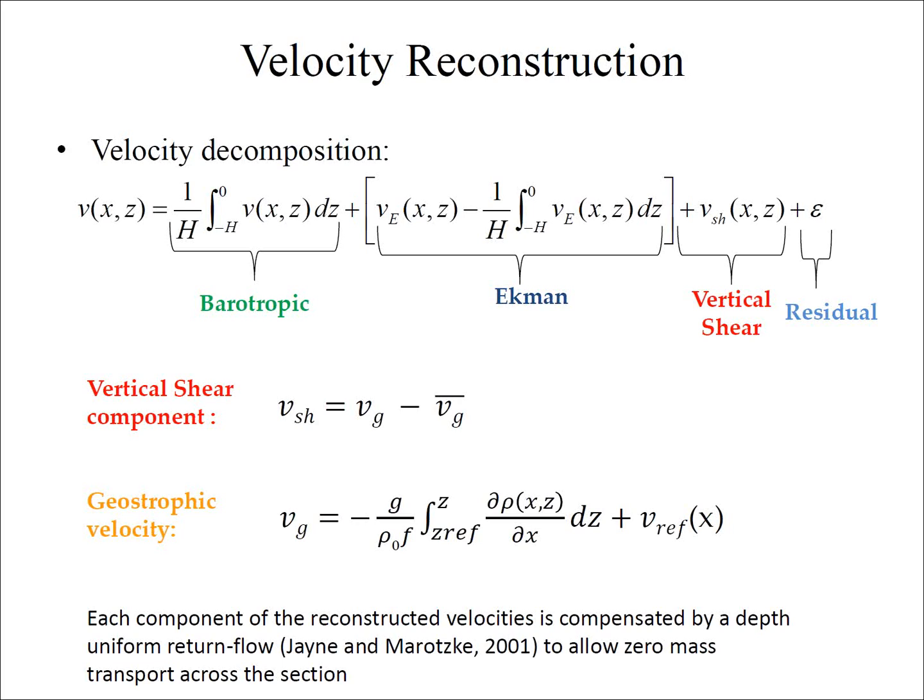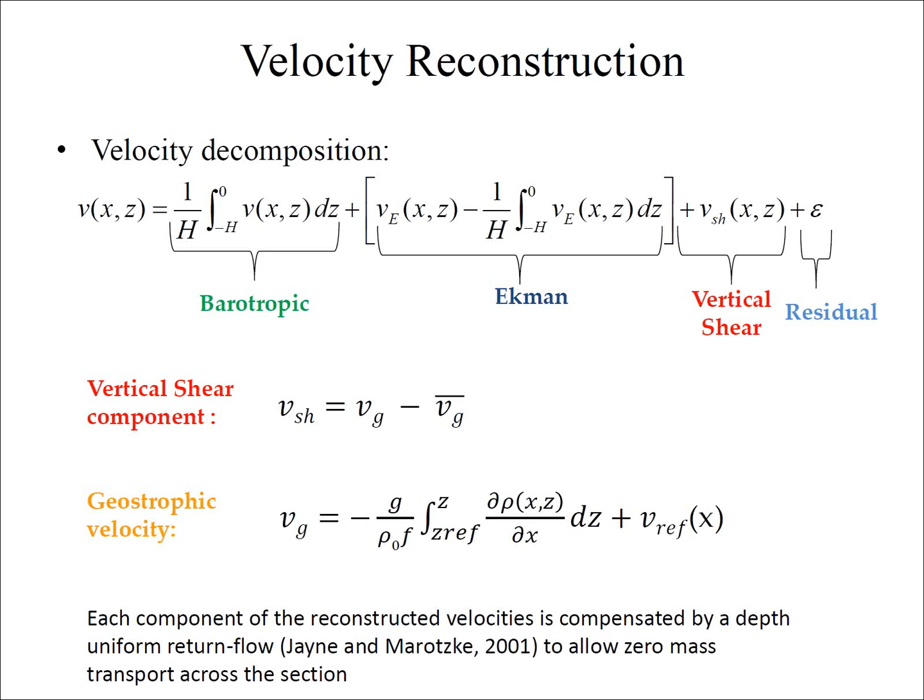One is the barotropic, related to the depth-averaged velocities. The Ekman part is calculated directly from the zonal wind stress, plus a component to estimate the return flow below the Ekman layer. And the vertical shear component. And of course, there's a residue here.